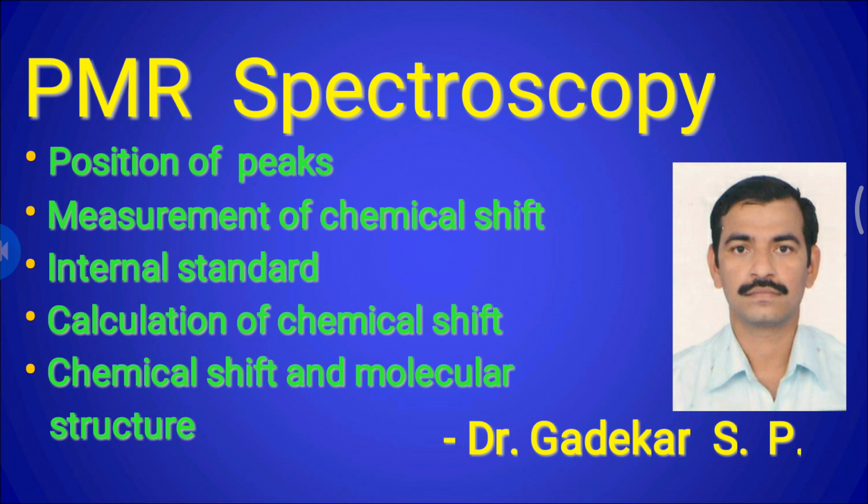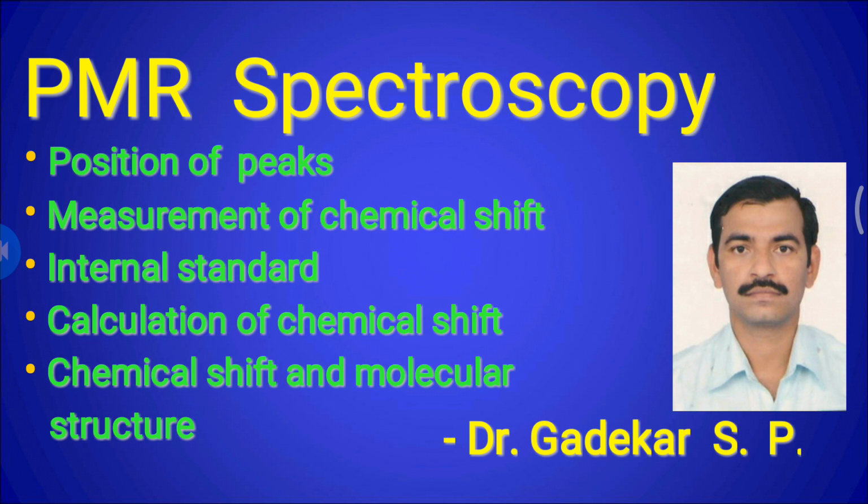There are two types of spectra recorded. In one, the magnetic field is kept constant and the radio frequency changes, and in the second, the radio frequency is kept constant and the strength of the applied magnetic field changes. So there are two different ways to record a PMR spectrum.